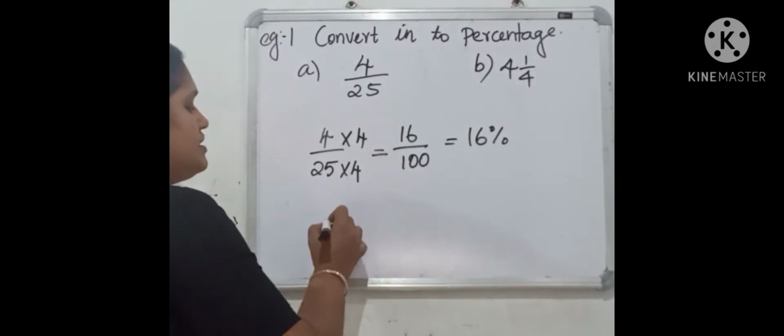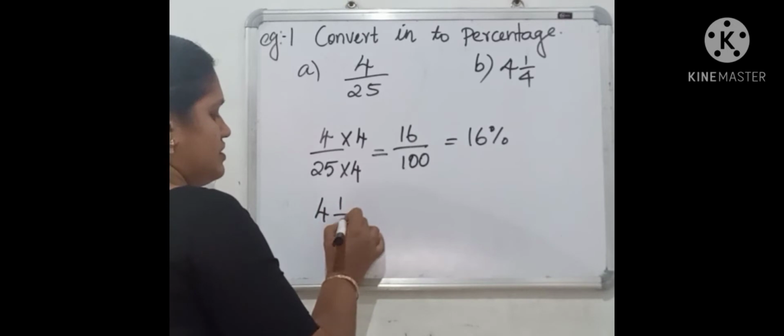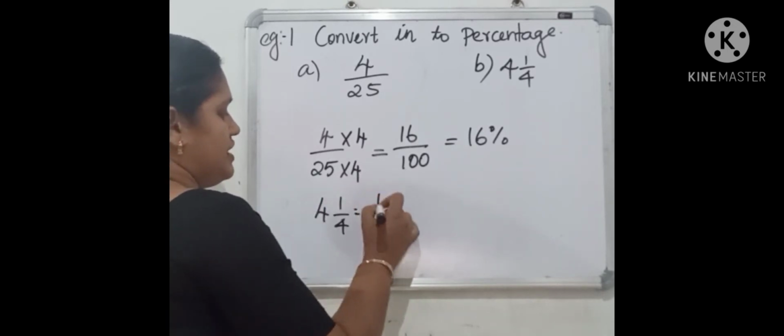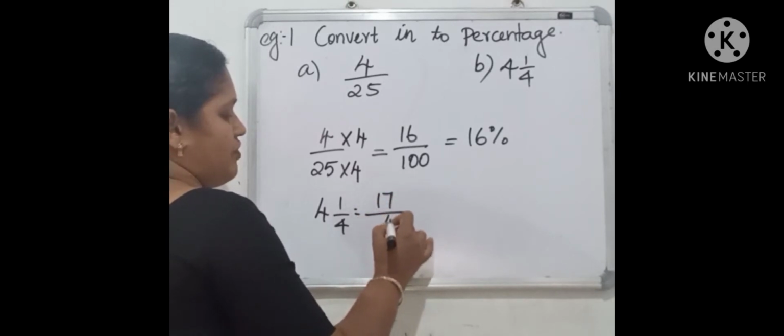Clear? Next, 4 1 by 4. 4 4s are 16 plus 1, 17. 17 by 4.